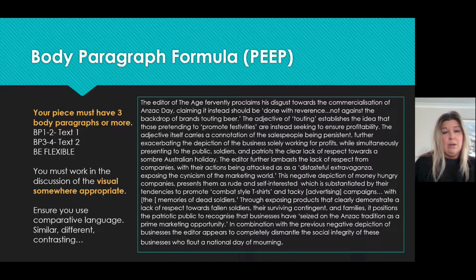I can see that they're talking about descriptive language, such as touting. I can see they're talking about negative connotations of that word. But most importantly, the analysis tells me who it's focused at, soldiers and patriots. And the intent is to highlight the clear lack of respect towards the Australian holiday.